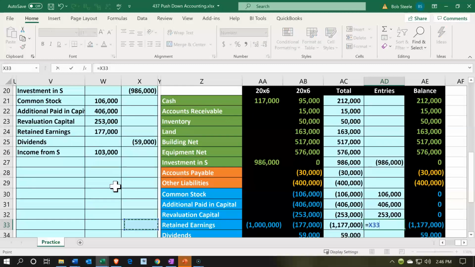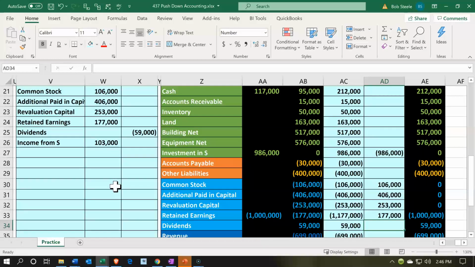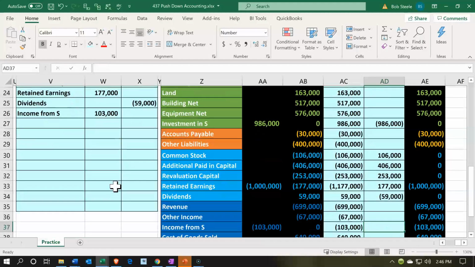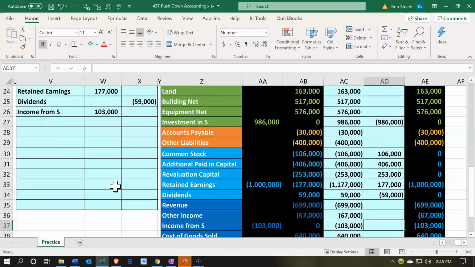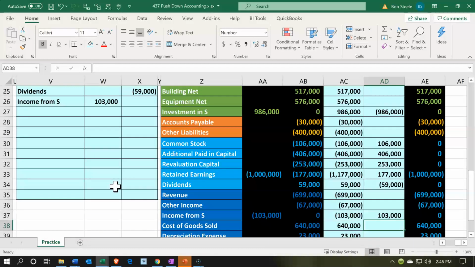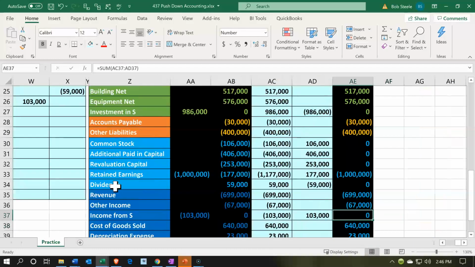And then the retained earnings, we will remove S's portion, the 177, leaving us with P's portion. Then we're going to go to the dividends, and we're removing the dividends for S, which is all of them right now. And then we have the income account that's going to be removed as well, and that should put us in balance and take the income account from S, the income from S, down to 0.